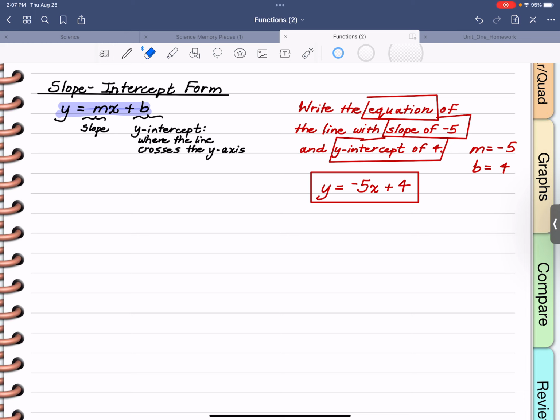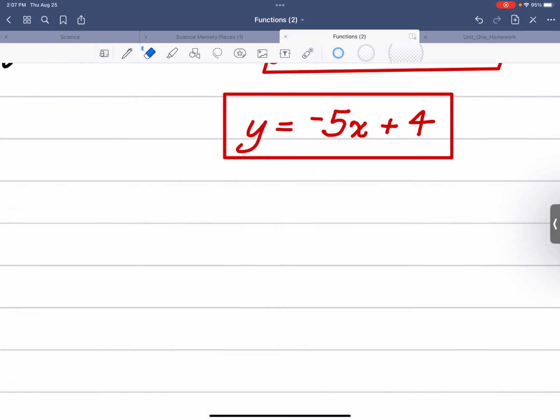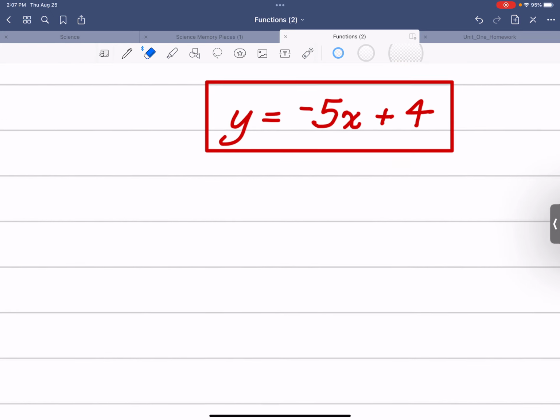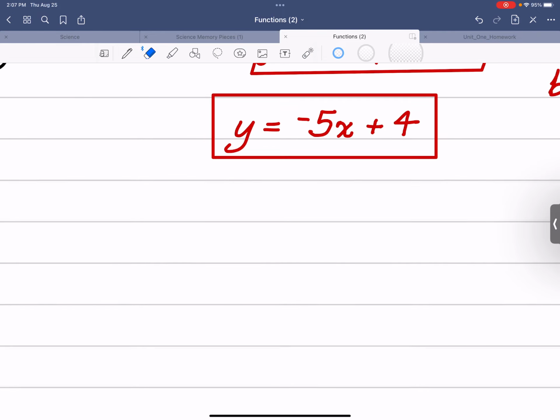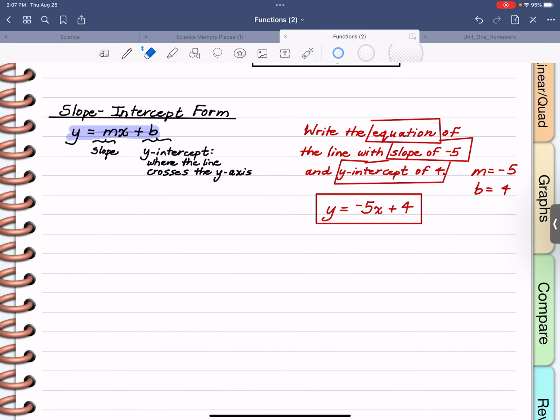So just by looking at that equation, I could tell you that we're going down the stairs because slope is negative. We're going down 5 and over 1, down 5 and over 1 every step of the way, because that -5 is the slope for this problem.